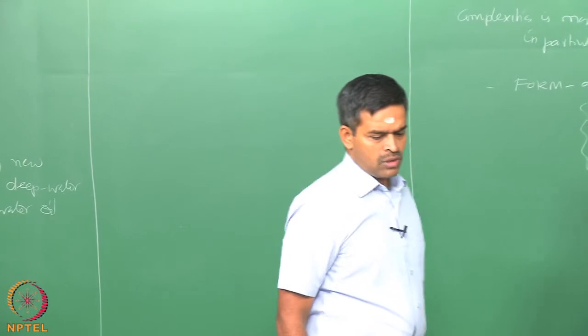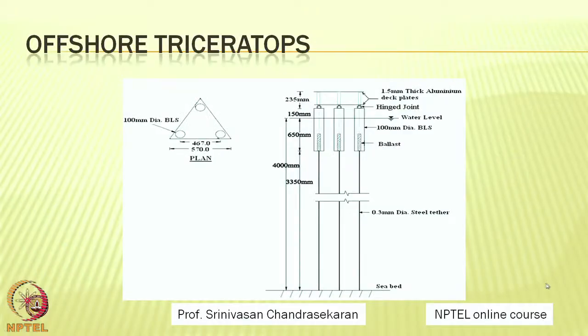Kindly pay attention to the figure shown on the screen now. The figure typically shows an offshore triceratop where the plan is shown on the left hand side, and the elevation is shown on the right hand side of the figure.